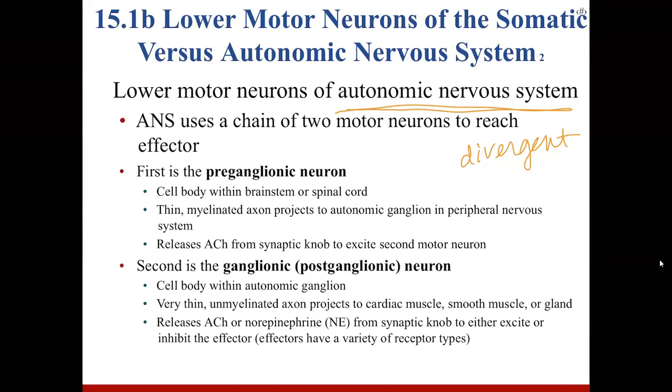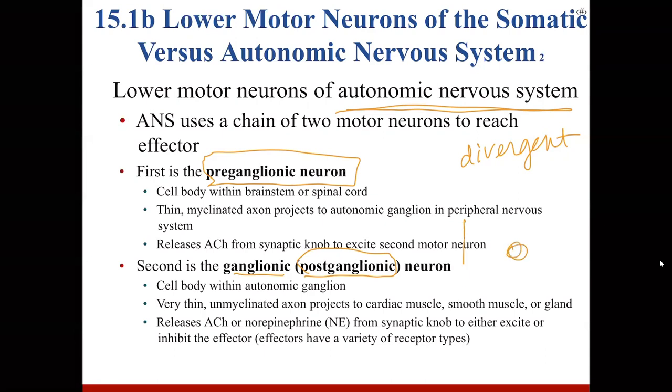The names get me, but this is why they have them named. The first one they call preganglionic. The preganglionic starts at the brainstem or your spinal cord, and then it's going to go out. The second one they call ganglionic, or we used to always call it postganglionic, but they're changing it to ganglionic.